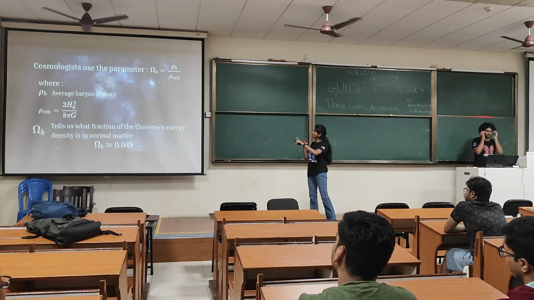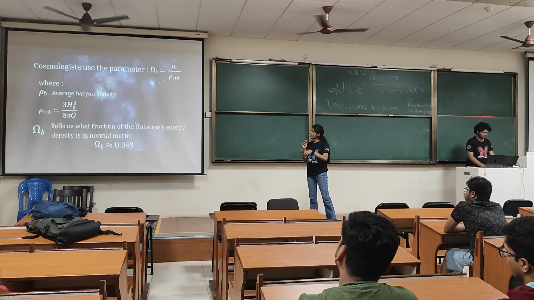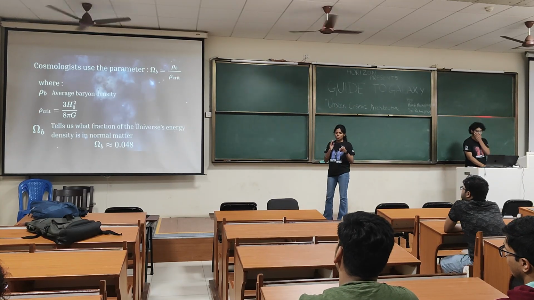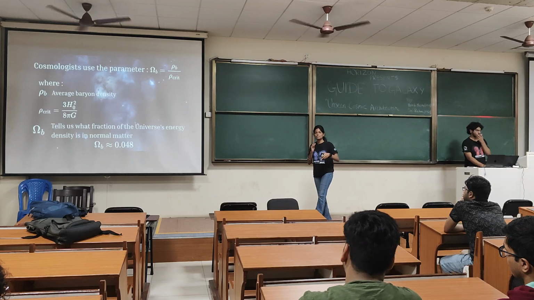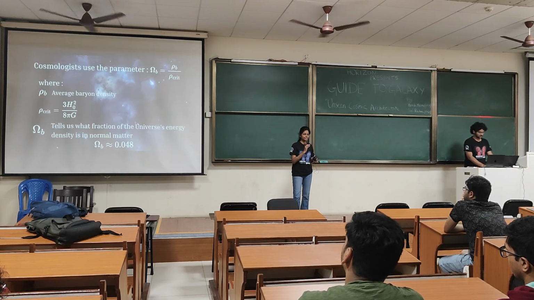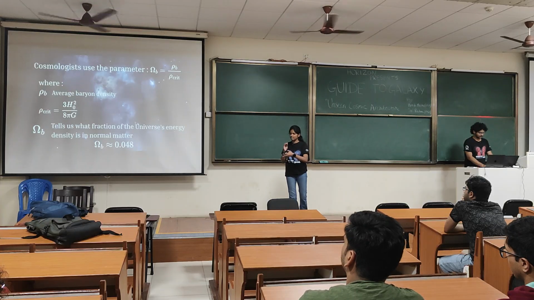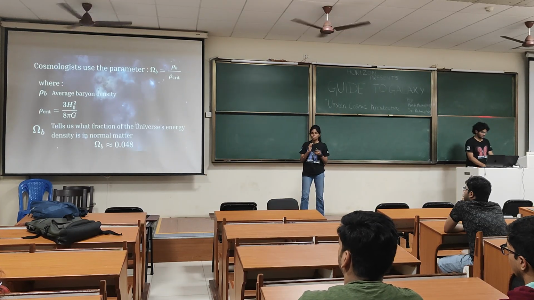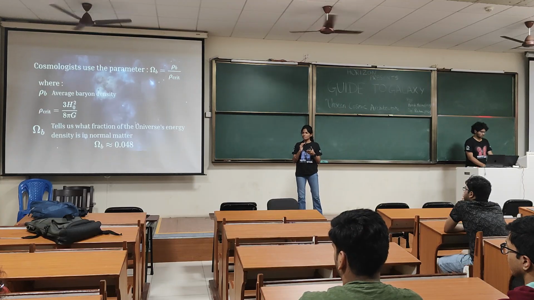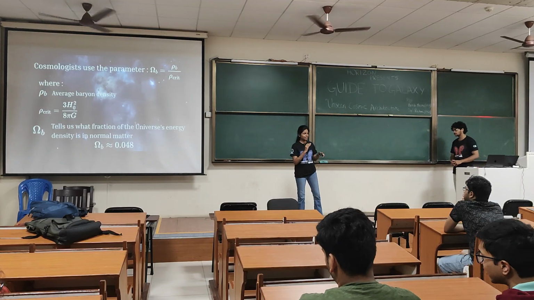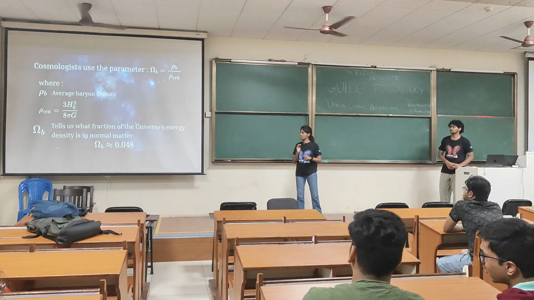It is the ratio of the average baryon density to the critical density, which tells us what fraction of the universe's entire energy density is in normal matter. The critical density is the density the universe should have so that the universe is flat, in Euclidean geometry.